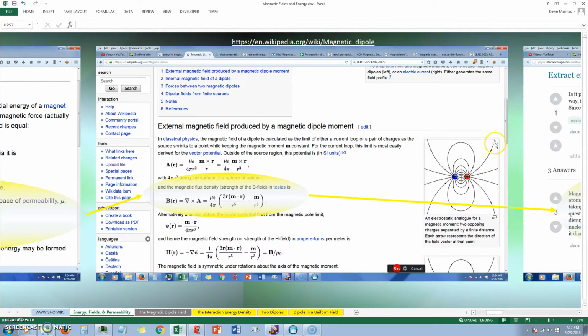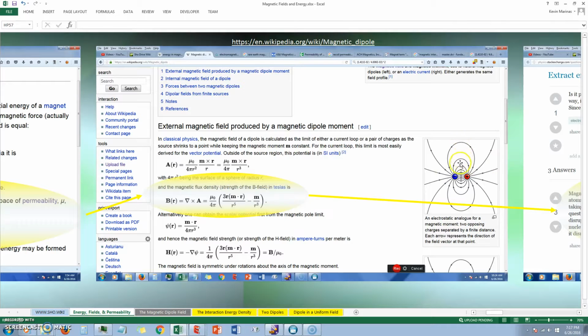So for example, over here, we have a component of the magnetic field that is at right angles to the magnetic moment of this pair. So at right angles, that can only be explained by this term here, where this term helps to explain any components that are in line with the magnetic moment or in opposition thereof.